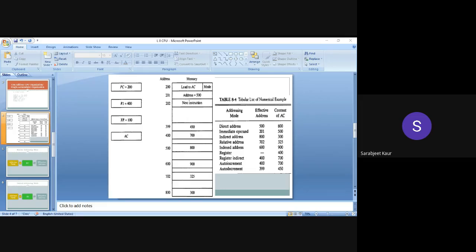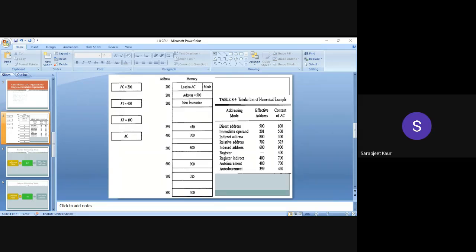Instead of the address, it contains the operand itself. So what will be the operand here? Operand will be 500. And what is the address at which it is stored? 201. So the effective address will be 201. Is this clear to everybody now? Yes, ma'am.